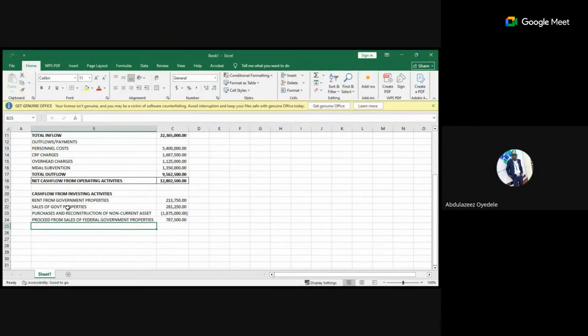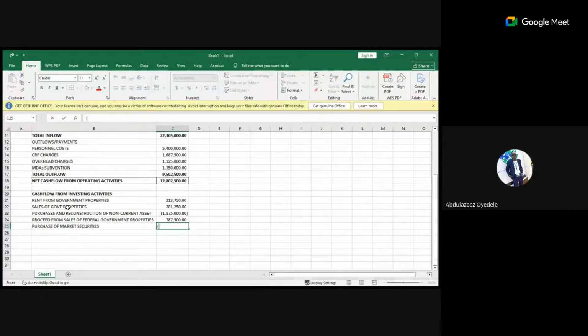So we also have purchase of market securities. This is also investment. What are market securities? That is, how do I put it? Liquid investment items like shares, like bonds and so on. So those are market securities.